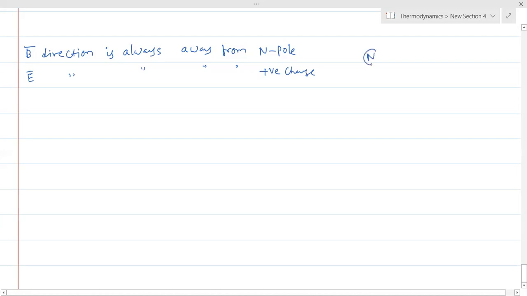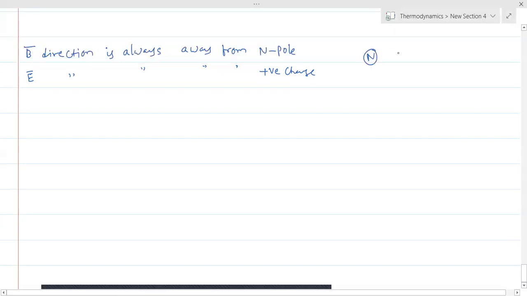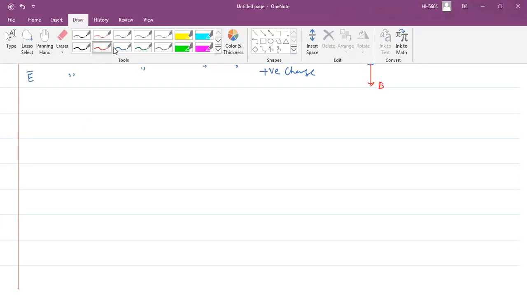Suppose I am taking a north pole. Whenever you come across the north pole, we will write the field direction as away from the north pole.